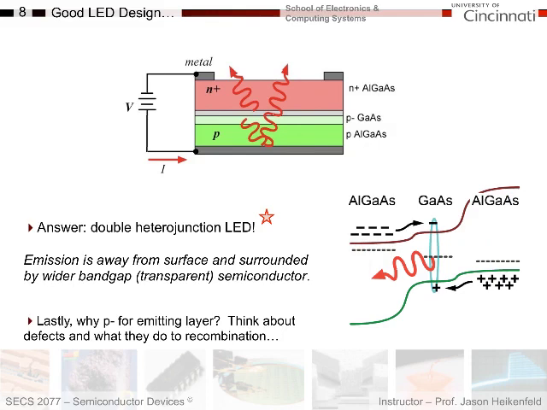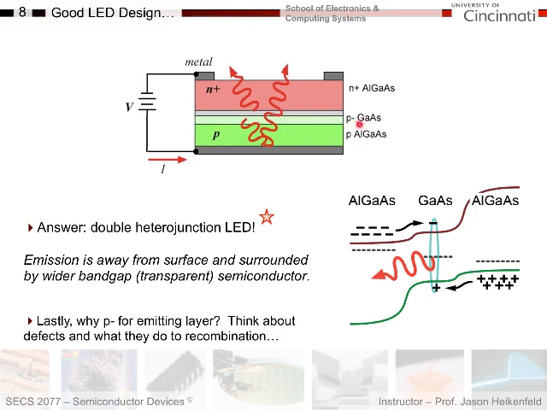The other thing that this does for me is that I can now make this thicker because I don't have to worry about getting the light out of this, and that keeps my emission layer further away from the surface here, so I don't have to worry about quantum mechanical energy transfer of the emission to the surface, which would just recombine as heat at the surface. So this solves both those problems.